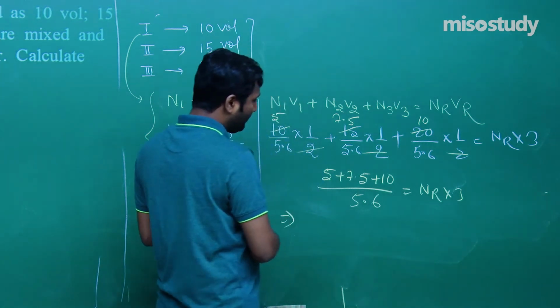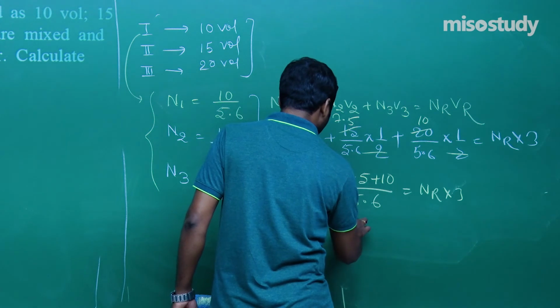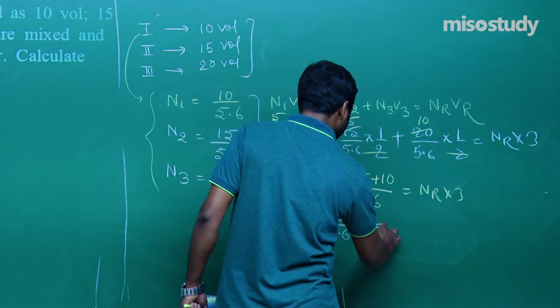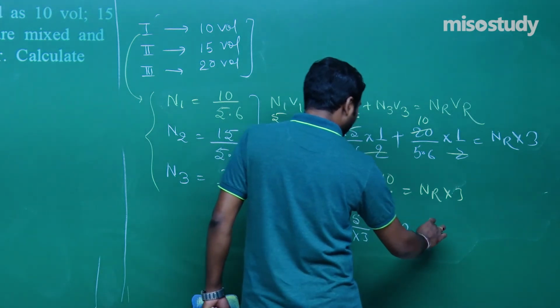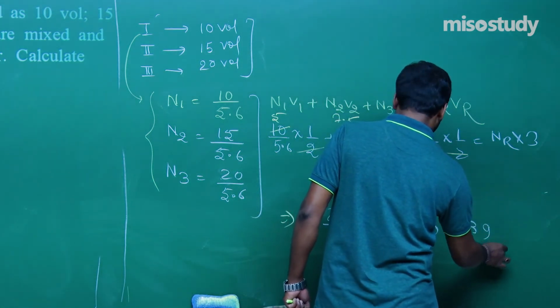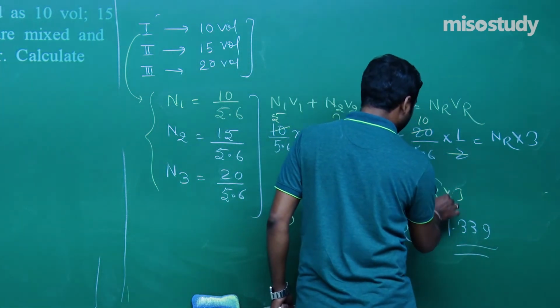Then 5 plus 7.5 plus 10 is 22.5, so 22.5 upon 5.6 into 3 is equal to NR. Approximately, it will give you 1.339. That is the normality of the resulting mixture.